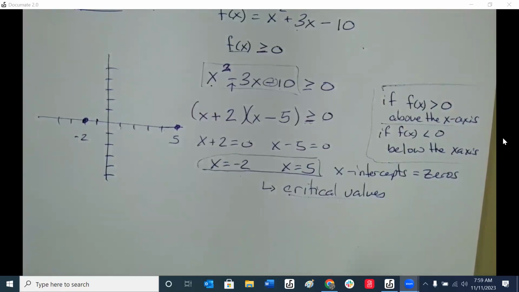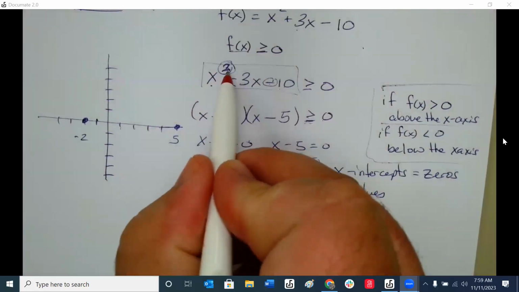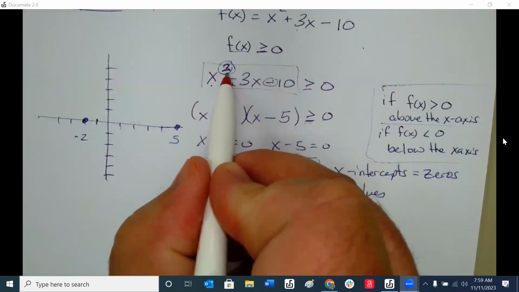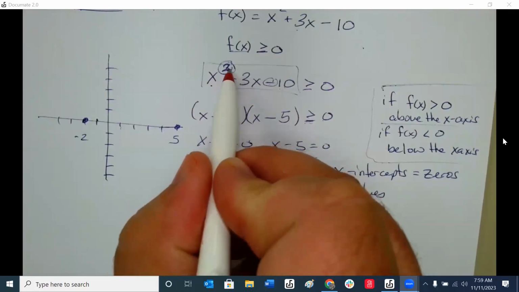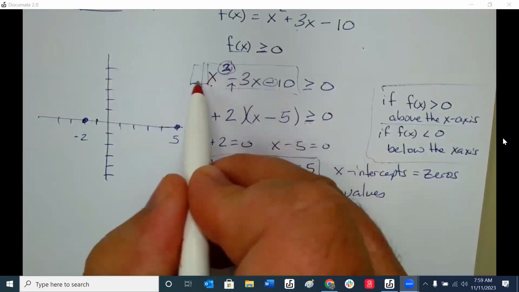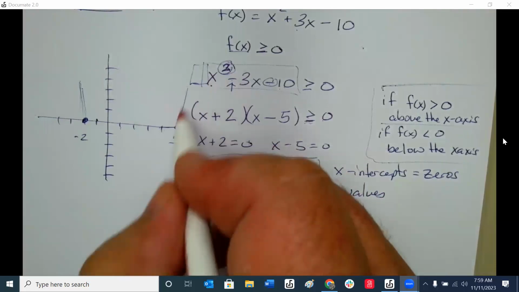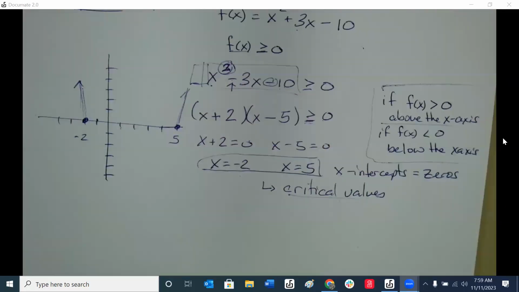Now, since we've learned how to graph these things, we know that it's a power 2, so the degree is even, which means both ends point the same way. The end behavior is the same. It's a positive 1, so they both point up. So I know just by graphing that the graph will look like this at the endpoints.